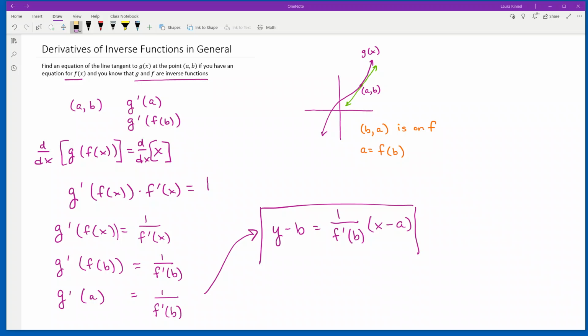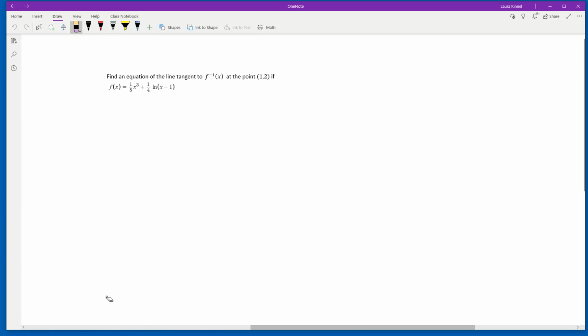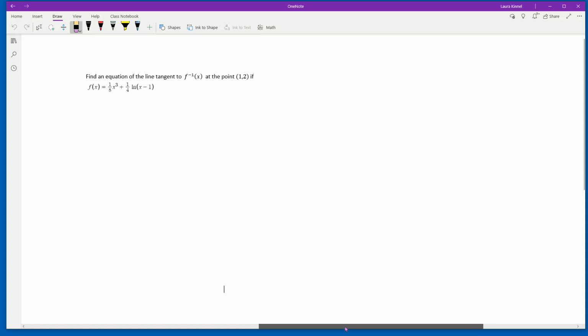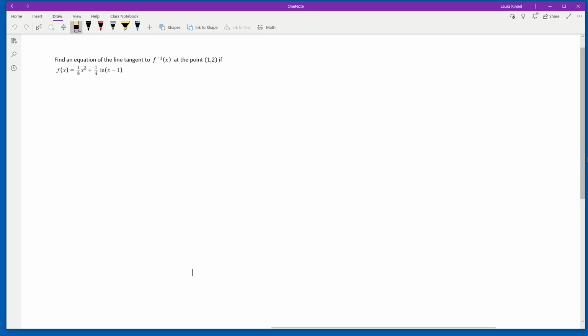Alrighty, and we'll just look at that now in a specific case. So let's scroll on over here and find an equation of the line tangent to F inverse at the point (1, 2), if F of X is equal to that big mess.